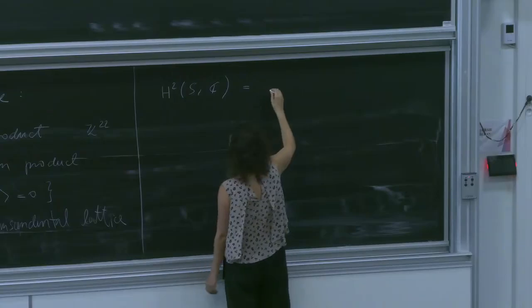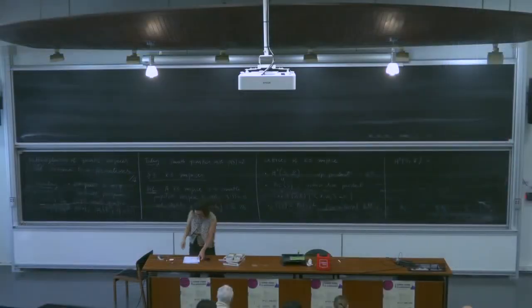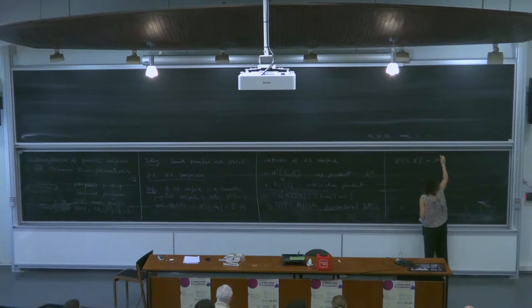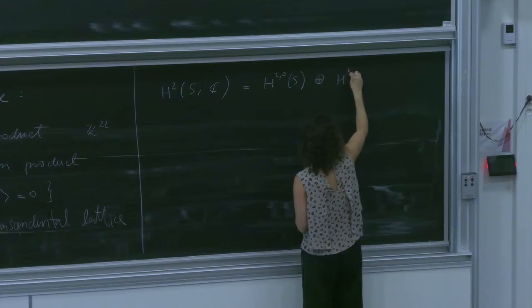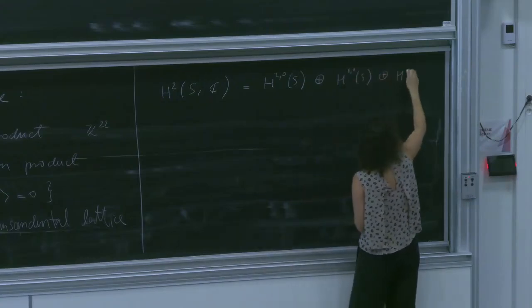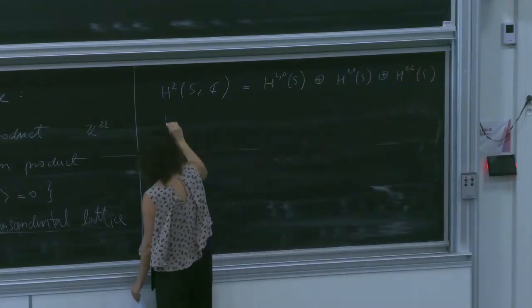So it can be written as H^{2,0} plus H^{1,1} plus H^{0,2}. So this is just the Hodge decomposition.